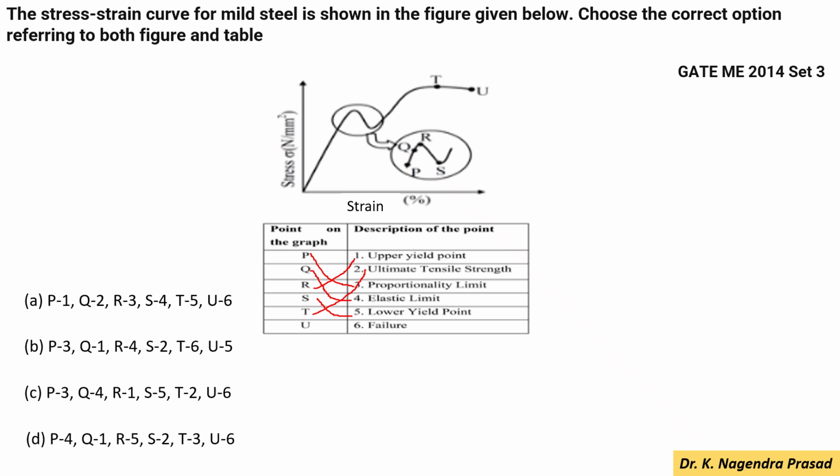So U is the sixth one, failure, fracture or breaking point. So let's see the options. P belongs to 3 and Q belongs to the fourth point. So P3 and Q4 and R1 and S5 and T2 and U6. So option C is the correct answer.